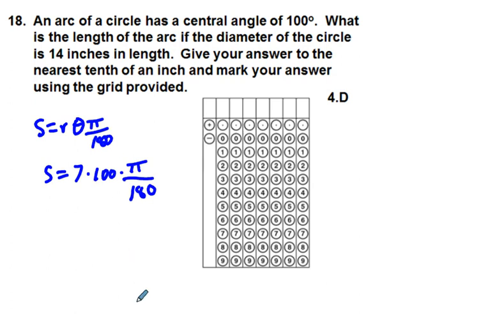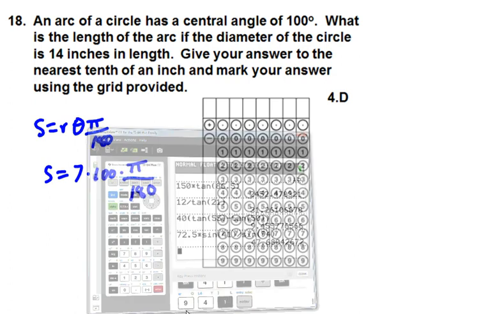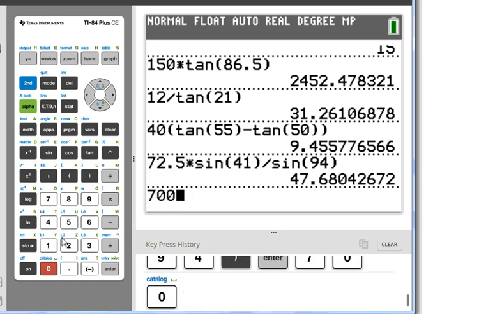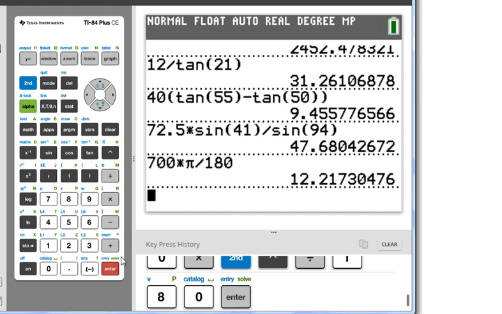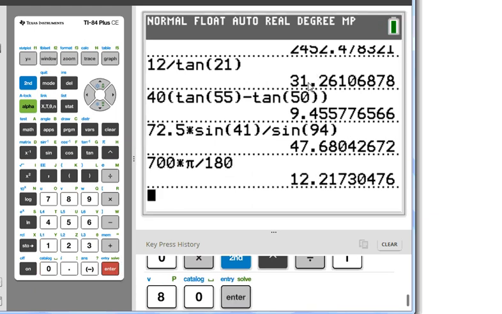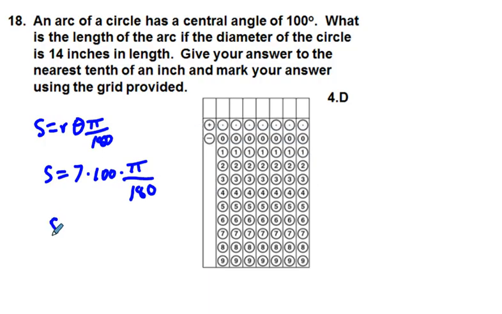So we're going to have 700 times pi divided by 180, and we get 12.22 inches. Now, it says to the nearest tenth. What is the nearest tenth? That's the first decimal place, so 12.2 inches.